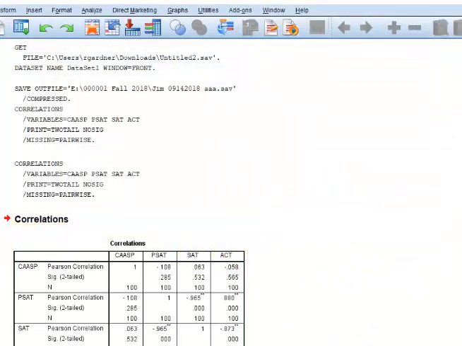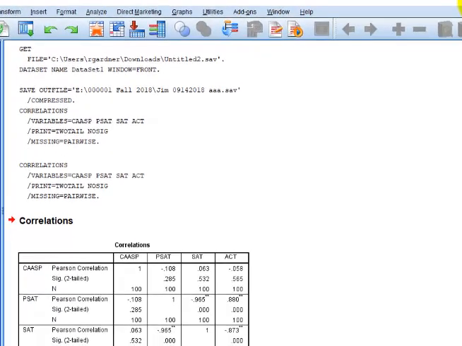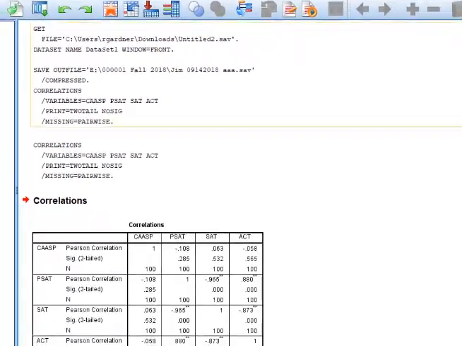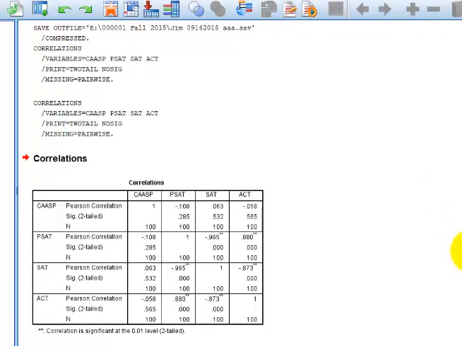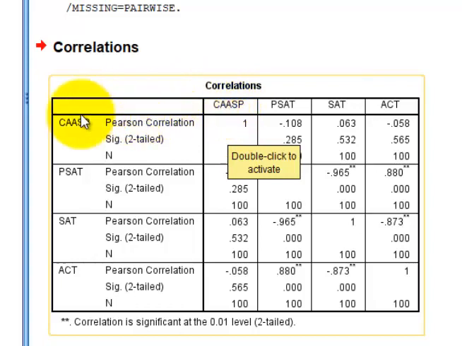And I realize this is dummy data. This is not real data. But the number one rule about running a MANOVA is you can't have any negative correlations unless they're all negatively correlated or all positive. But normally you want a positive correlation between all of these, between 0.3 and 0.8.